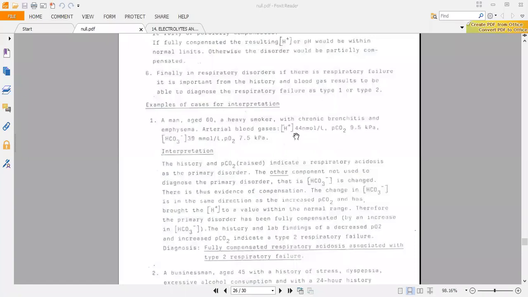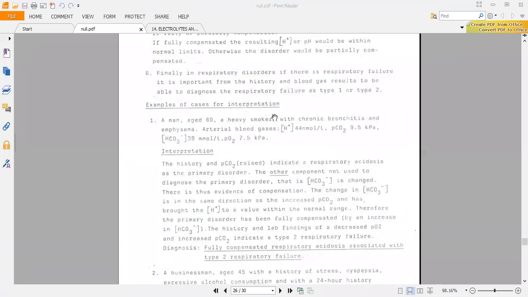Okay, good. Now the order is very important because look at what someone is going to say. Someone is going to just start by looking at the bicarbonate level and say that, oh, the bicarbonate levels are high, so this is metabolic alkalosis. You are wrong. The reason why you are wrong is that you have to look at the partial pressure of carbon dioxide first, because the condition that was given was a respiratory condition.